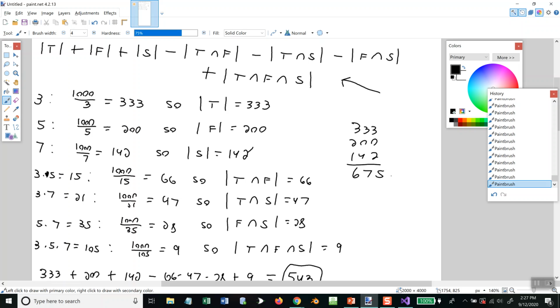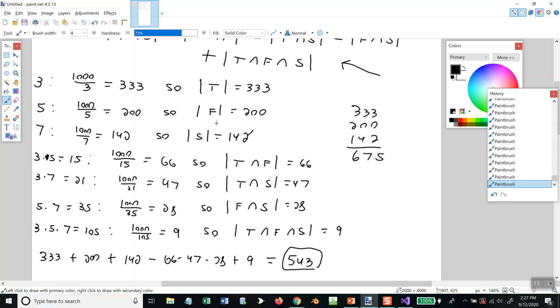Okay, 675. Okay, so that checks. So that's this first part here, the cardinality of T, F, and S.